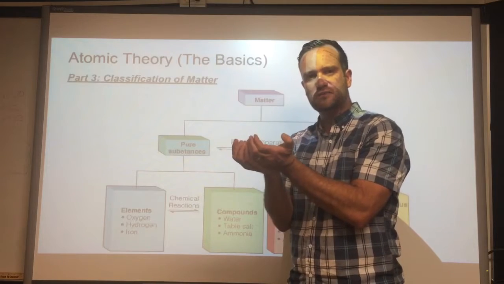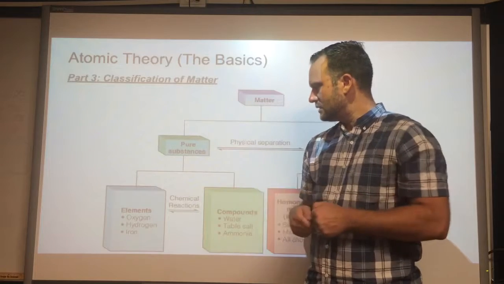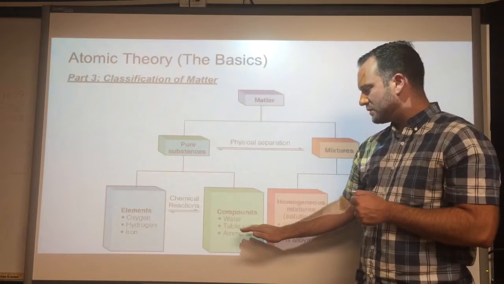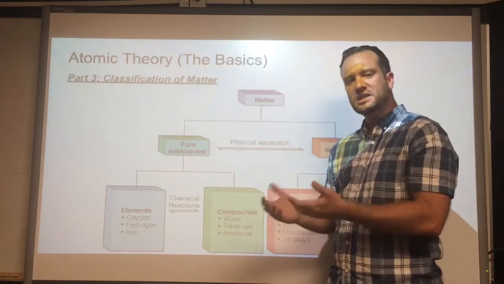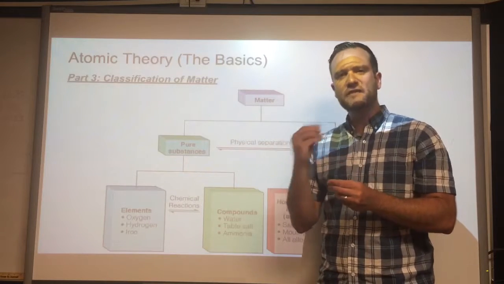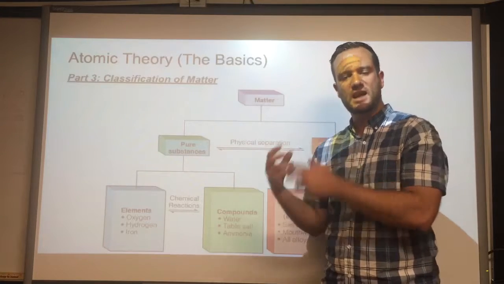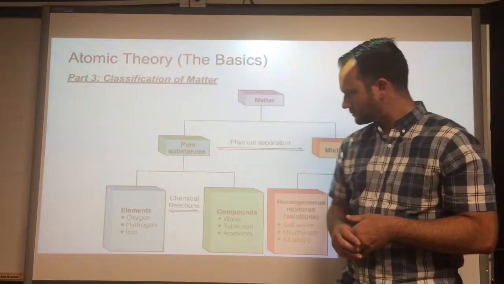If you had that chunk of gold, you know that everything in there is a gold atom. On the other hand, you have compounds. Well, we'll get into this, but let's just say you had a glass of pure water, and everything in there is water. Well, you know that every particle in there is H2O, water.